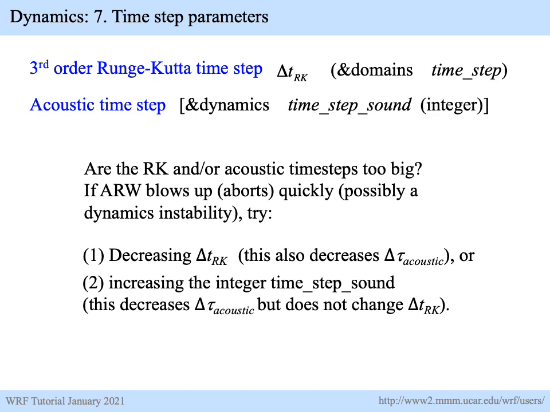As you move towards the edges, the grid cells get somewhat smaller in physical space, and the time step restrictions for the acoustic waves and the advection, etc., are based on the physical sizes, not the computational mesh, but the physical mesh as it's projected to the sphere. So it may be that as you move towards the edges of the meshes, the mesh sizes are getting small enough because of the nature of the projection that you've run into an unstable situation, and that's why you need to decrease your time step somewhat.